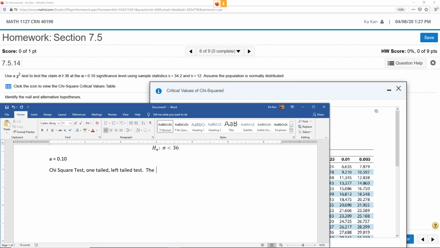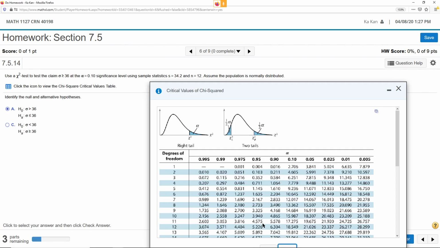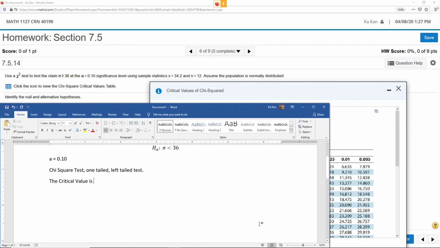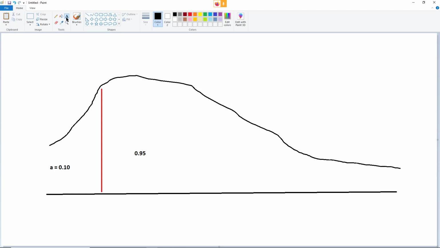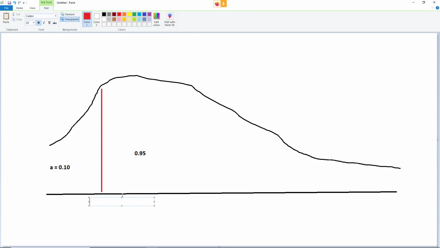The critical value is 4.575. So that's the critical value. So let me go to the paint and just type it in. 4.575.